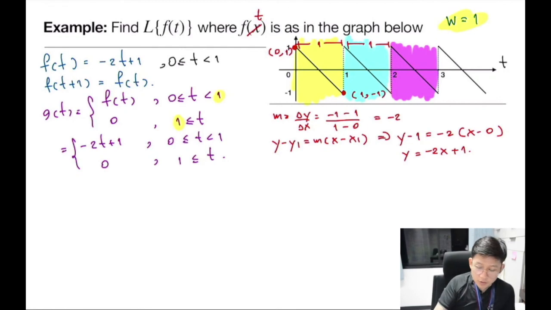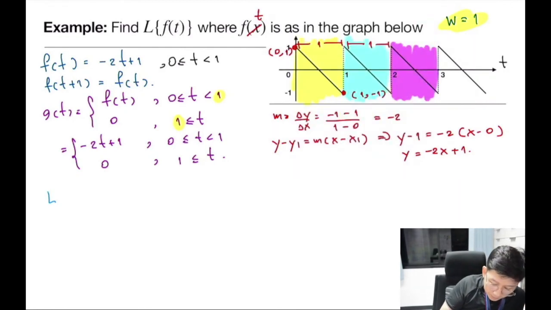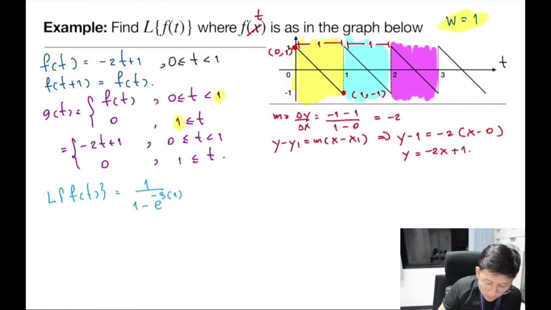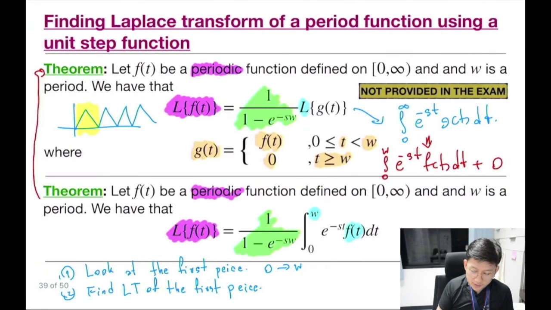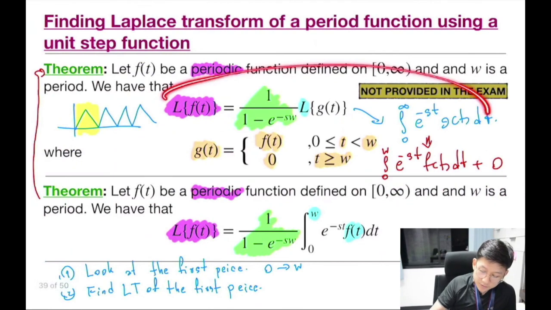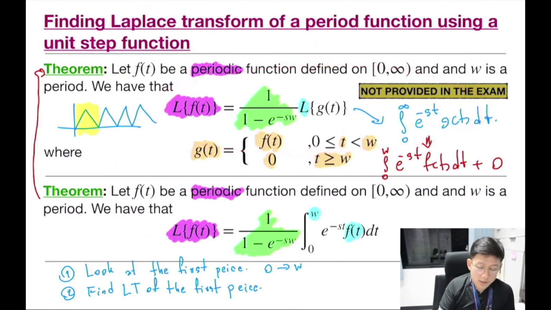Okay, so we have that the Laplace transform of f(t) is actually 1 over 1 minus e to the minus ws, and w is 1, right, guys? Look here, we use this formula: 1 minus e to the minus ws.